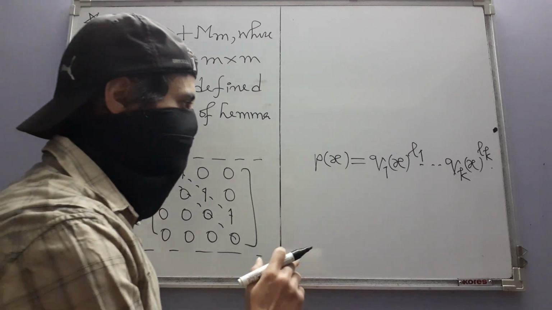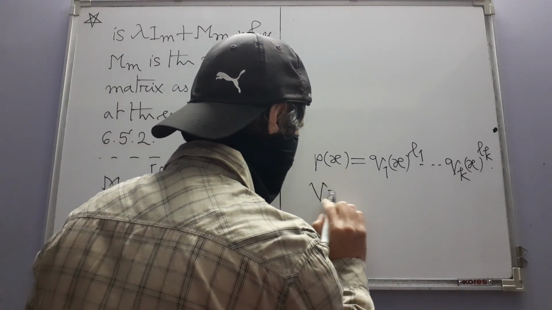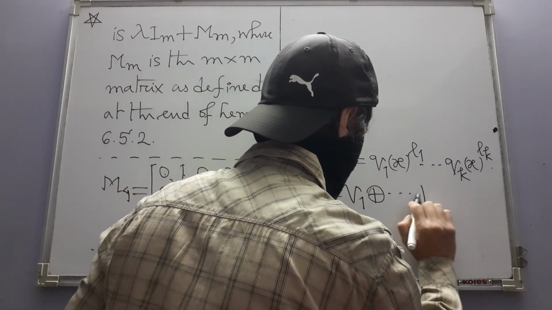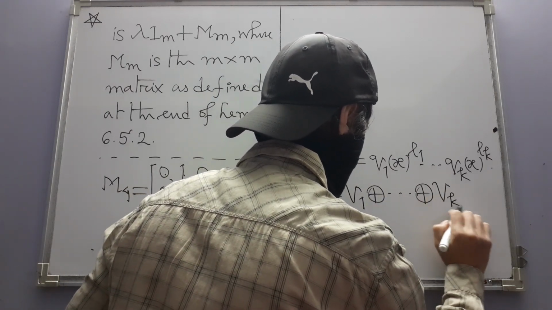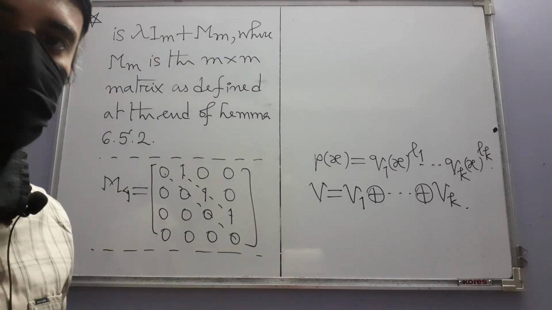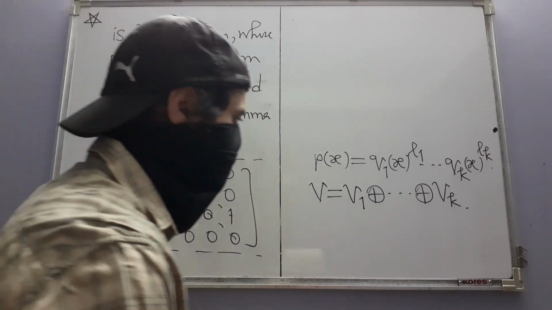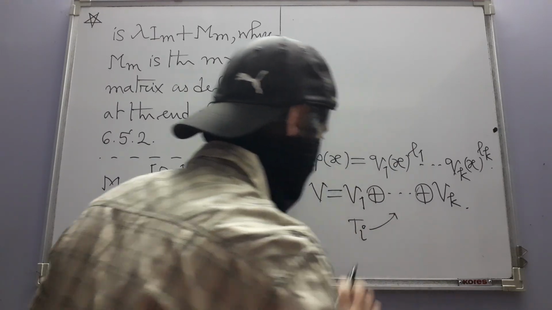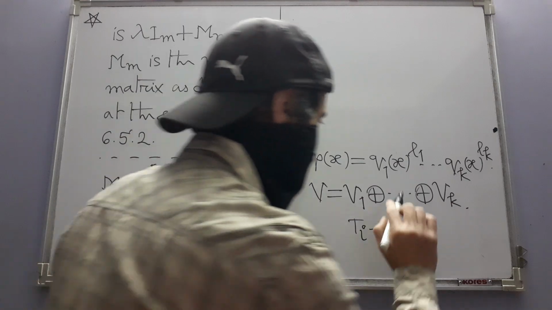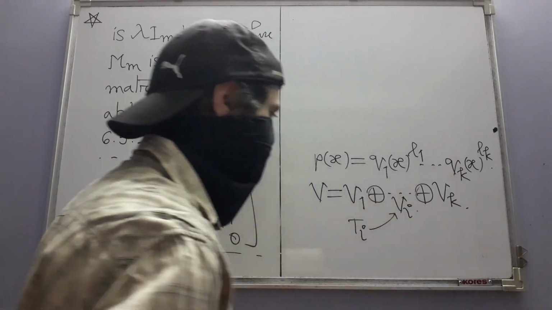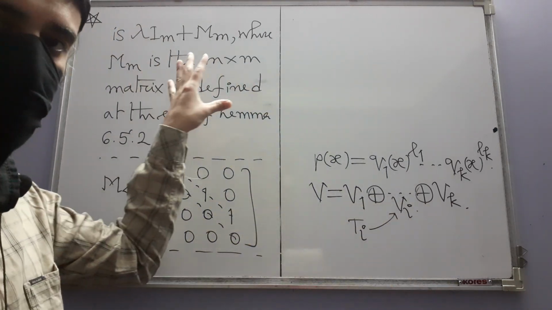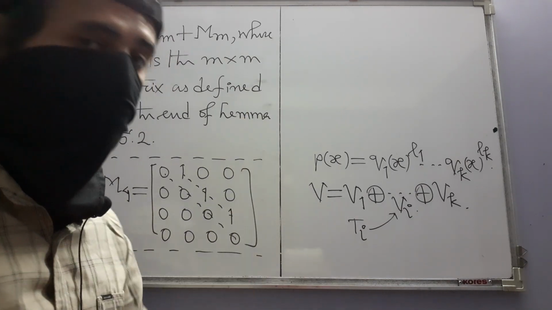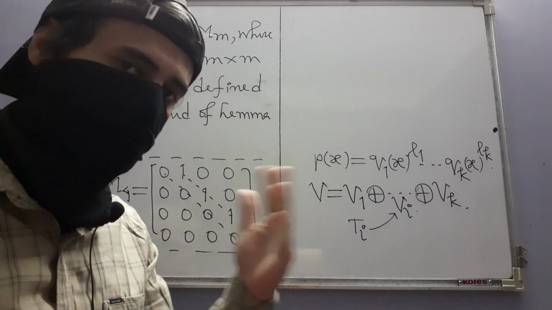And this led to a decomposition of the vector space as a direct sum of subspaces invariant under T, and we were able to consider the restrictions of T on each such subspace V_i, and we recognized the fact that whatever we are trying to prove here actually can be done for those individual T_i's, and it's enough.